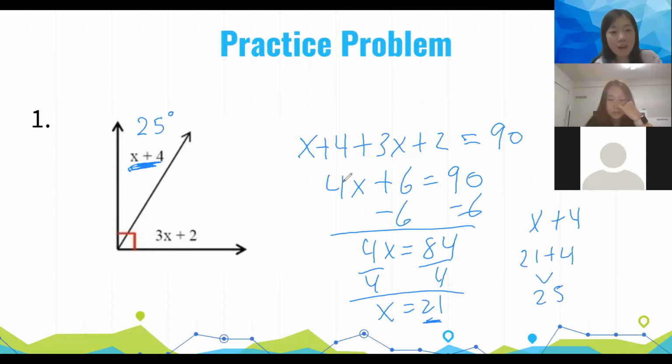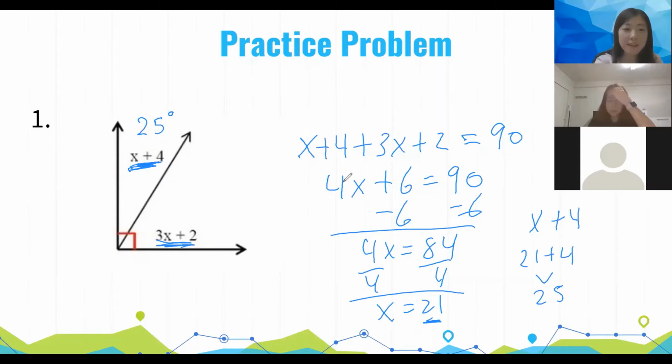Do you want to do the other angle and see what the degree is? 65.